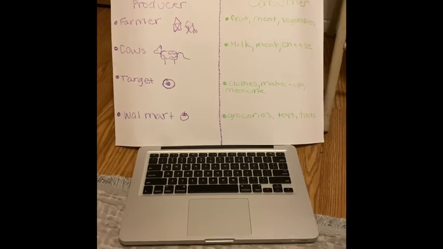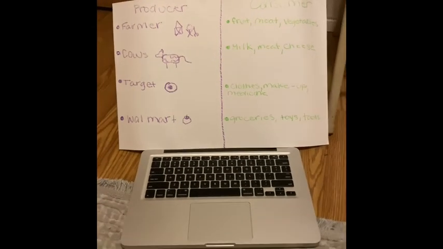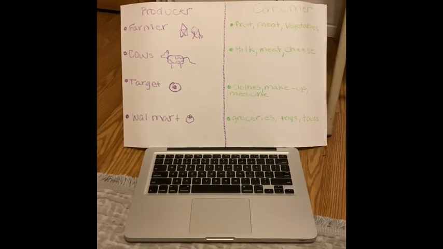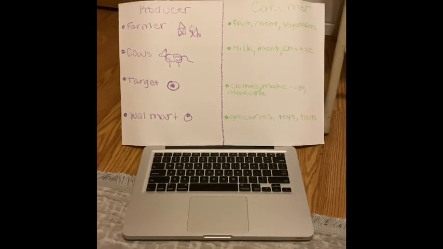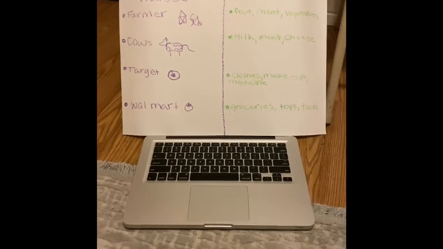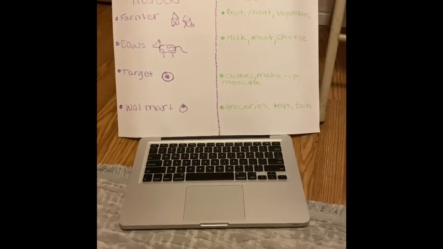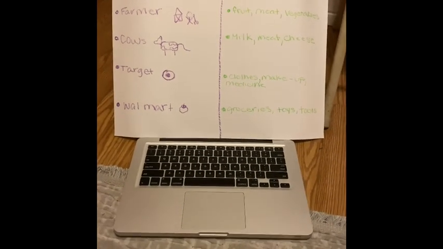So groceries, toys, tools, and the reason I did this is just to kind of keep them thinking about all the different things that they buy from all of these producers and realize how much we depend on these producers, especially right now, because some of this stuff you can't get, like toilet paper, but you fight through it.